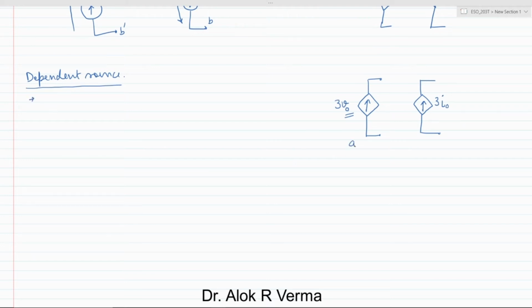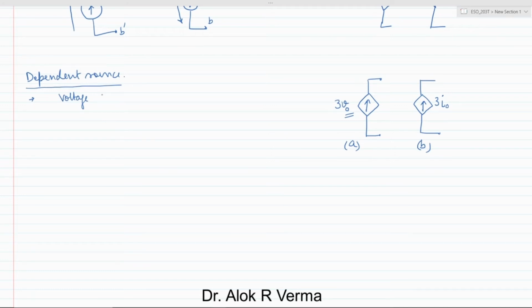So this will be known as A. This is B. What can A be named as? Basically, it's the dependent current source. Or rather, we can say controlled, because the magnitude is controlled by the voltage.